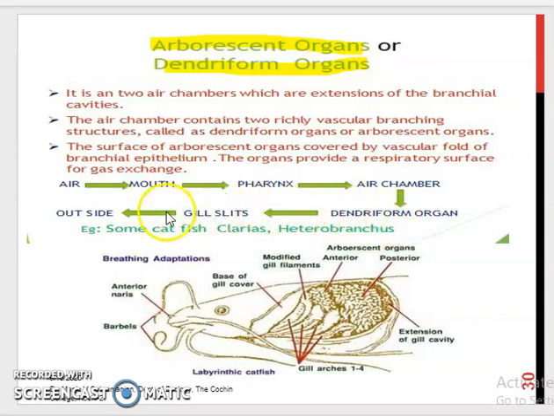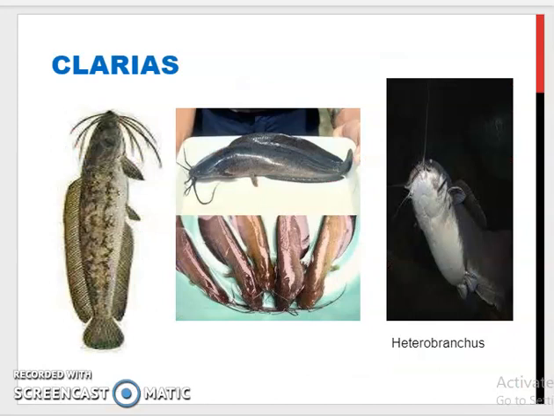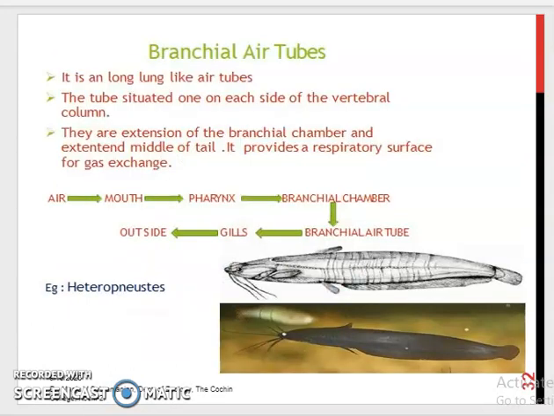Then it reaches the gill slits, then the outside. This is the path through which the air flows in an arborescent organ. This is a picture of the Clarias. These are the fishes in which you can see the arborescent organ.